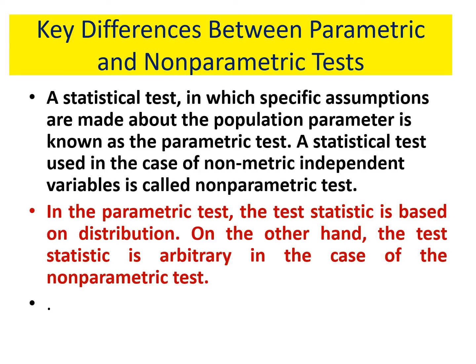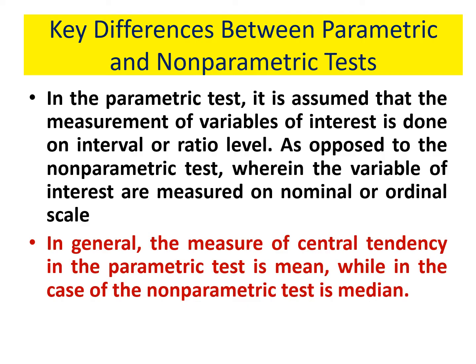In the parametric test, the test statistic is based on distribution. On the other hand, the test statistic is arbitrary in the case of non-metric. So moving on, it is also parametric when it is assumed that the variables of interest are measured at an interval or ratio level, as opposed to non-metric tests wherein the variables of interest are measured on a nominal or ordinal scale.